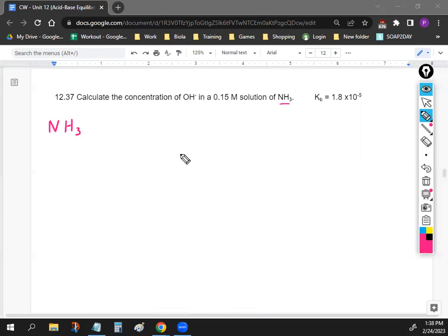It needs to receive an H plus. So here we have to write the full equation of what it reacts with. NH3 reacts with water, because it's in solution. Water is a liquid, so we're not going to care about the water in the equilibrium concentration, but we just use it to balance the equation. And it's going to go into equilibrium.